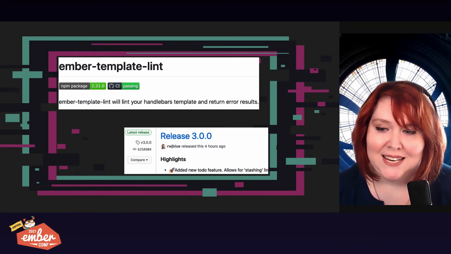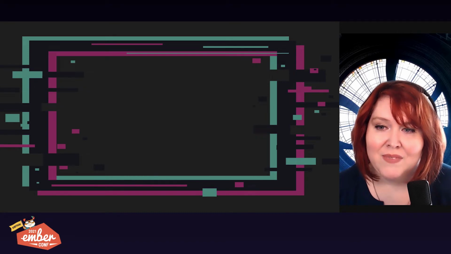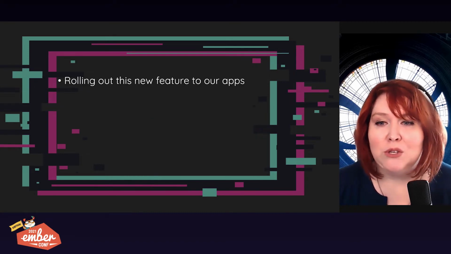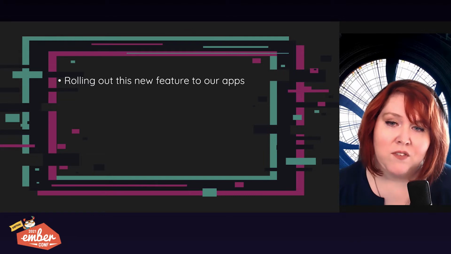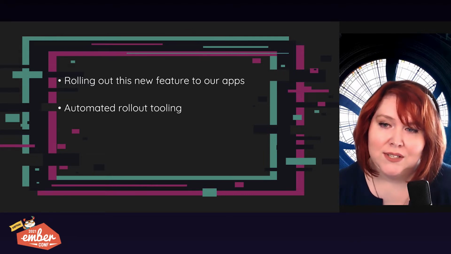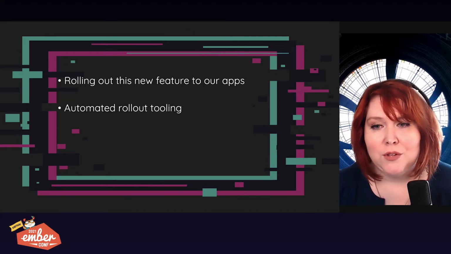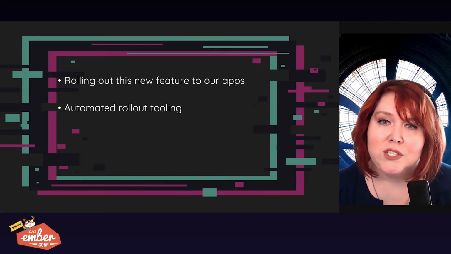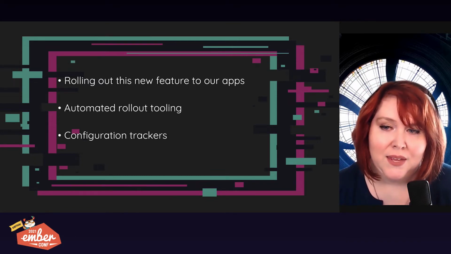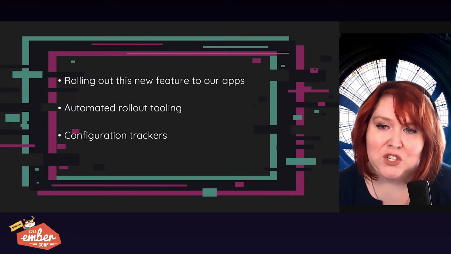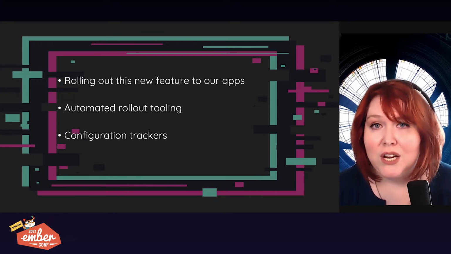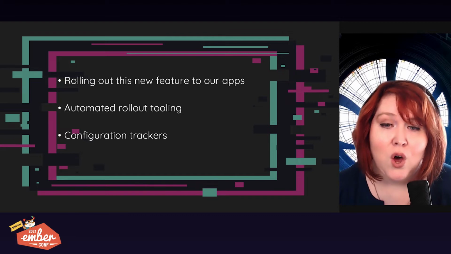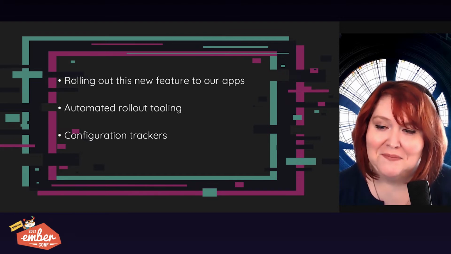And that's really exciting to me. At LinkedIn, we manually rolled out this feature to some of our apps already in production. We also took what we learned through manual implementation and built automated tools to do this work in the future. And we are also building trackers to ensure that the configurations remain correct over the lifetime of the code base. It's pretty cool.